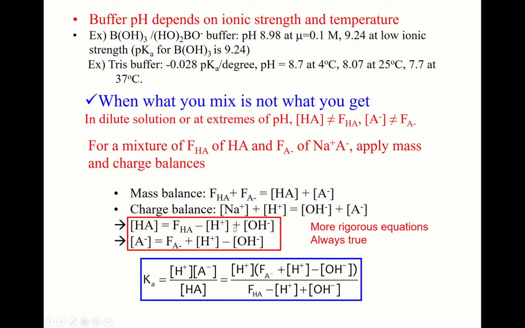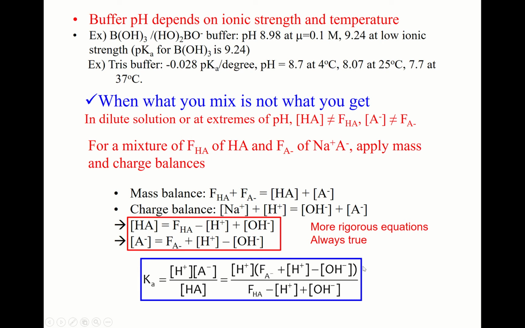Likewise, you can write the equilibrium concentration of the anion using its formal concentration and the proton and hydroxide concentrations. Substituting these two equations into the expression of the dissociation constant, you finally get this one.